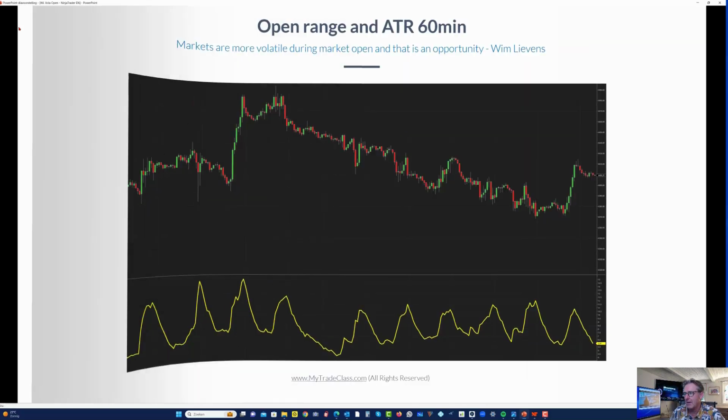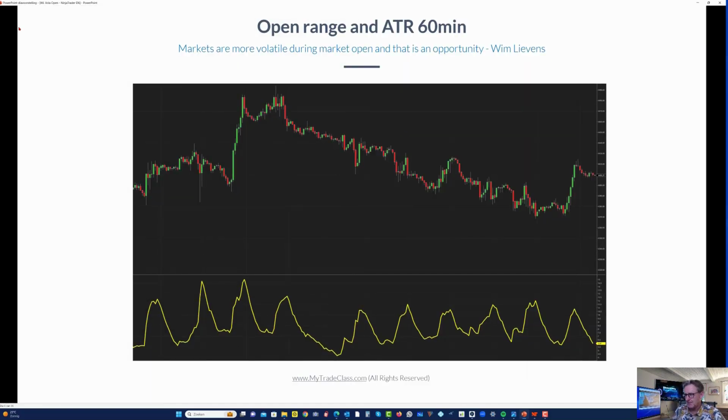Okay. Now, here's the example. This is a very simple 60-minute chart. I put the ATR in yellow underneath, and of course the volatility changes according to the time of day, but you will see that at the open, volatility is often highest, and you see the value is high.